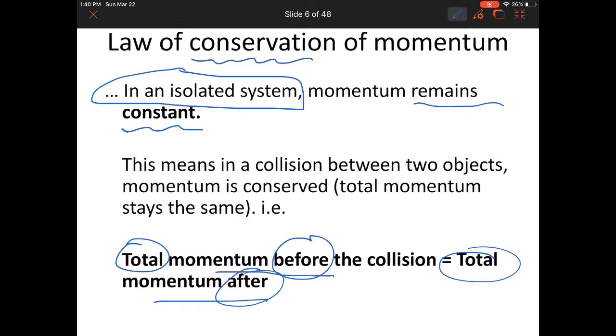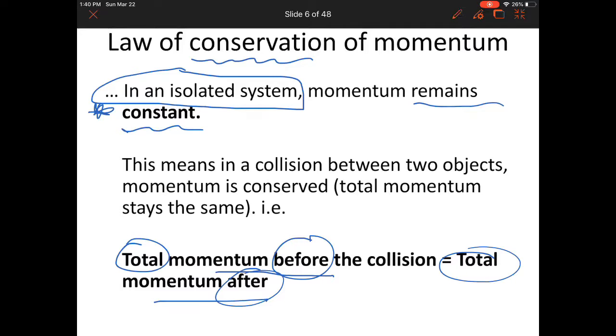Let's look at a real example of that. But first, I need to address this. What is an isolated system? Well, we say that momentum is conserved only if it's an isolated system because there are no other forces acting on it. What are some other forces that might be acting on things in the real world if they're colliding?